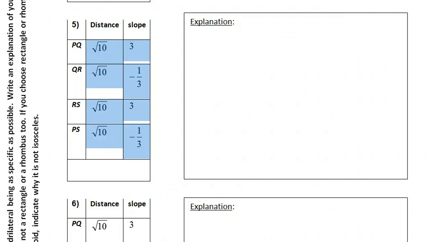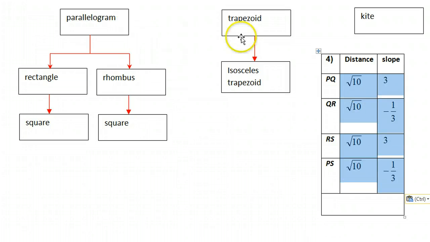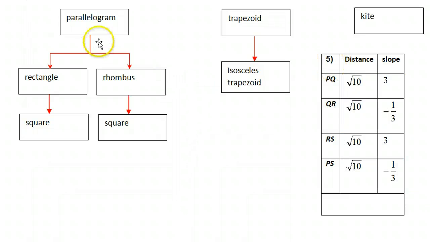And again, our first job is to decide if this is a parallelogram, trapezoid, or kite. Let's start with parallelogram. If this is a parallelogram, opposite sides should be congruent and opposite sides should be parallel, same slope.